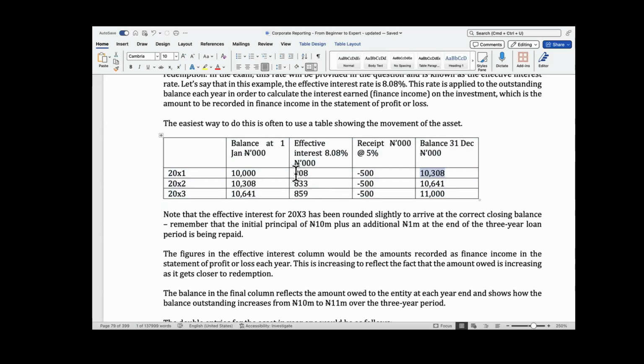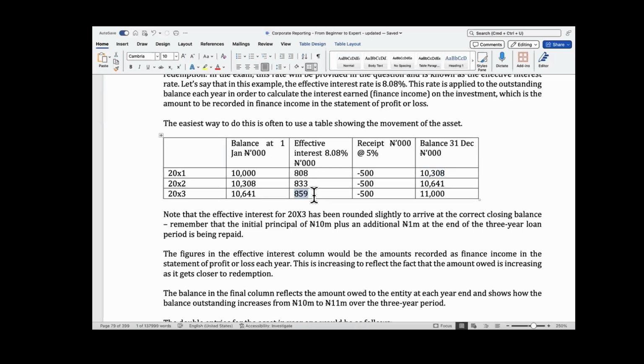Now, can somebody help me add this 808 plus 833 plus 859? Can somebody help me add those three together? Anybody? 2,500.